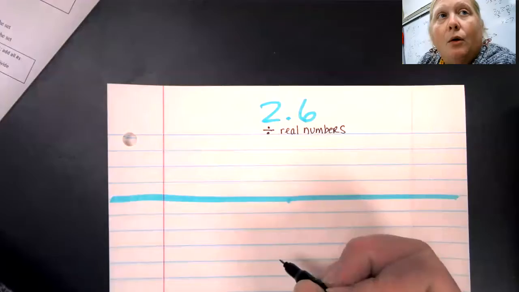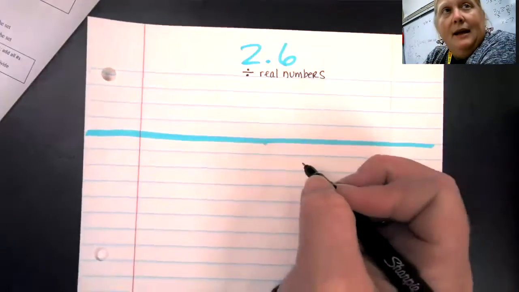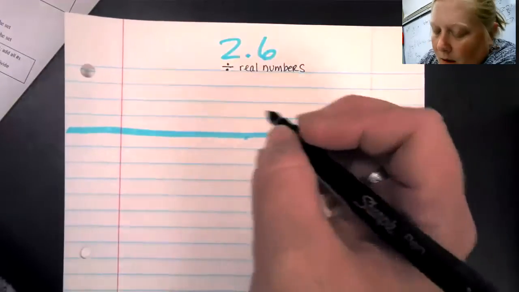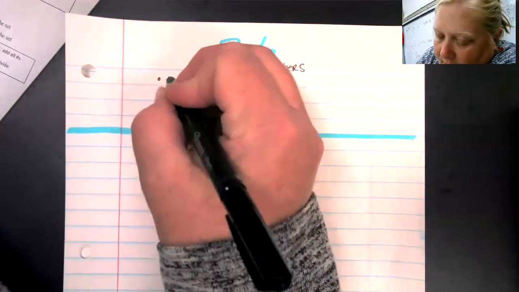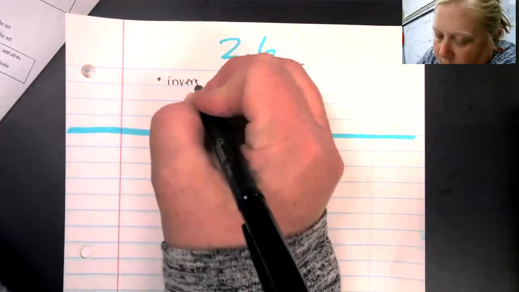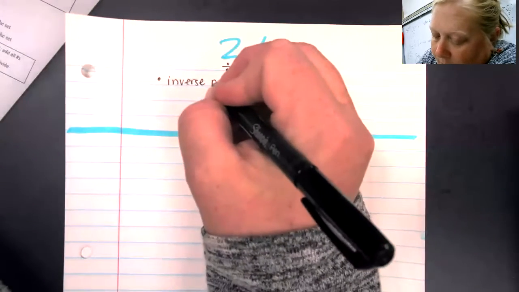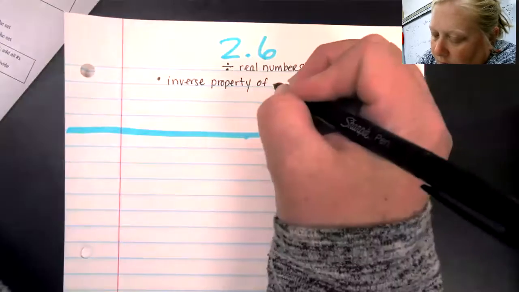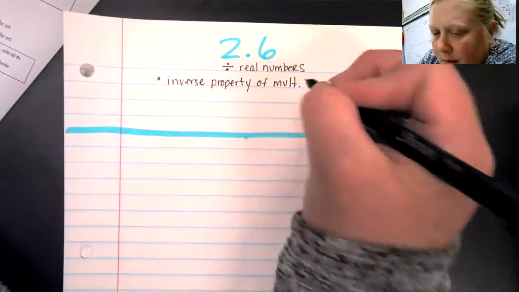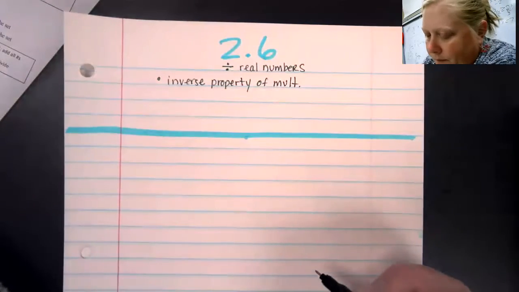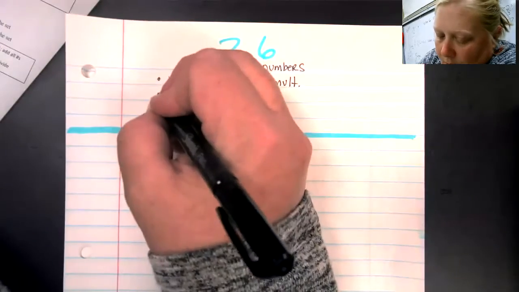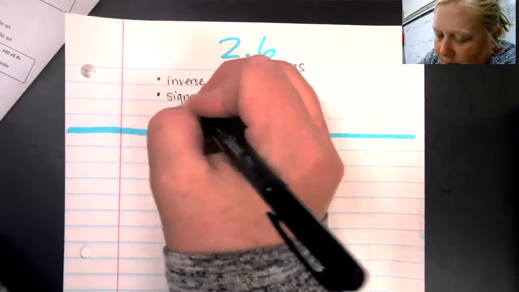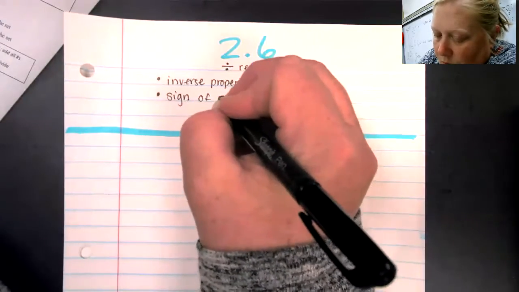All right, so here we go. Dividing real numbers. And we're going to be dealing with the inverse property of multiplication. And we're going to be talking about the sign value of a quotient.